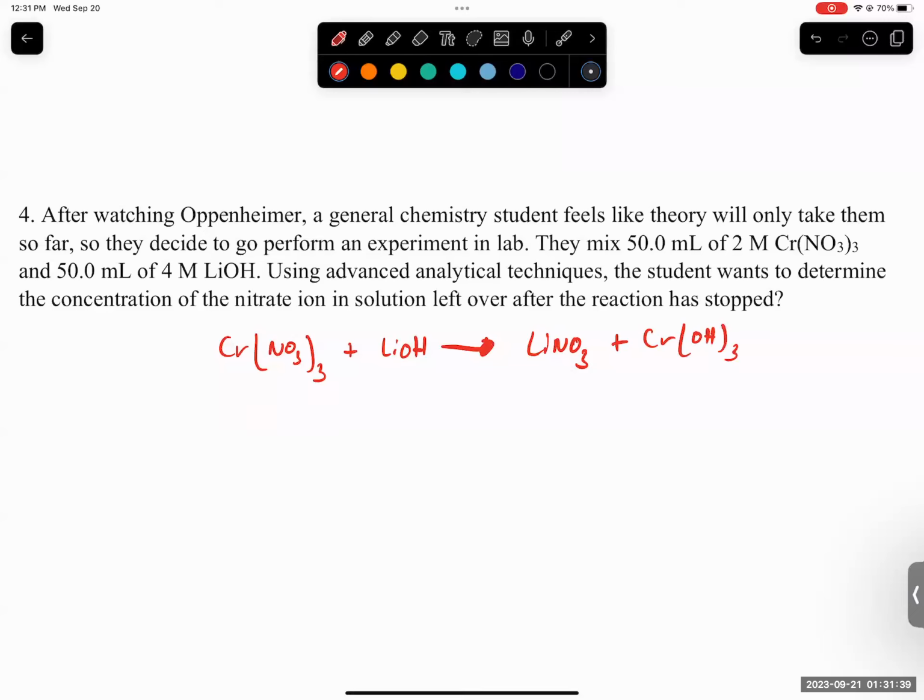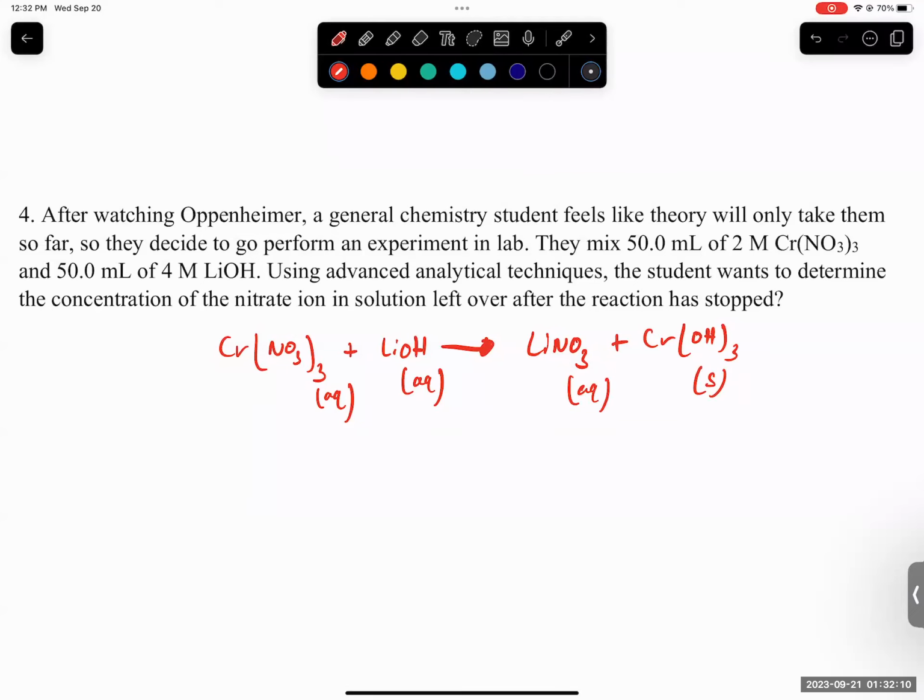If we were to do our physical states, what are my physical states, like the states of matter? Yeah, they're all aqueous except for chromium hydroxide. This is something called a precipitation reaction, which is double displacement.